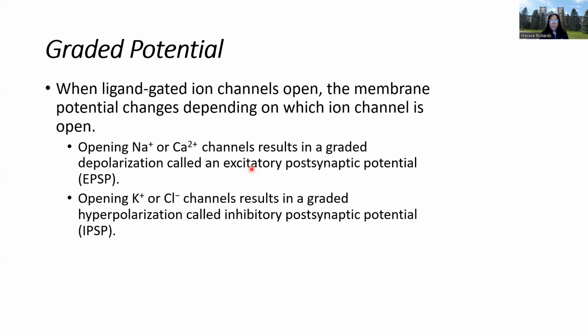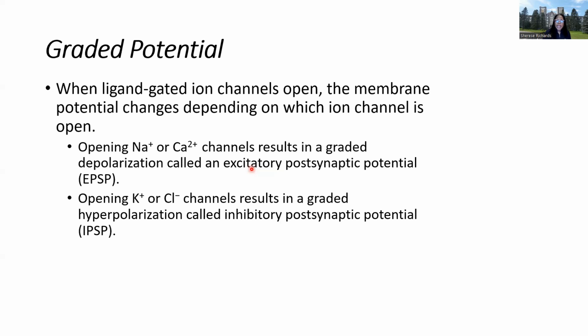Alternatively, if we open up potassium channels or chloride channels, that will result in a hyperpolarization, and that can be referred to as an inhibitory postsynaptic potential. So if we think about potassium's ECDF, potassium wants to leave the cell. So if I open up a potassium channel, more of that potassium leaves the cell, and the cell ends up in a hyperpolarization state, right?